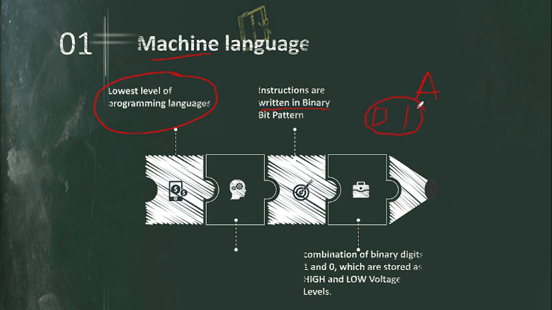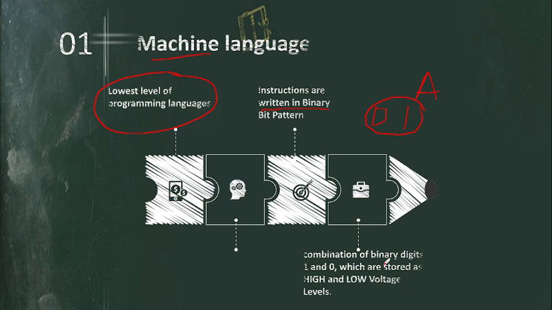So it is easy for a machine to understand this, but for a user it is difficult, because just for one character you have to write zeros and ones. If you want to write a name or one paragraph, it will be a huge task. That is why we can say this is not user friendly. Here you can see the combination of binary digits gives you a set of instructions, a set of programs, and this is stored as high and low voltage levels.